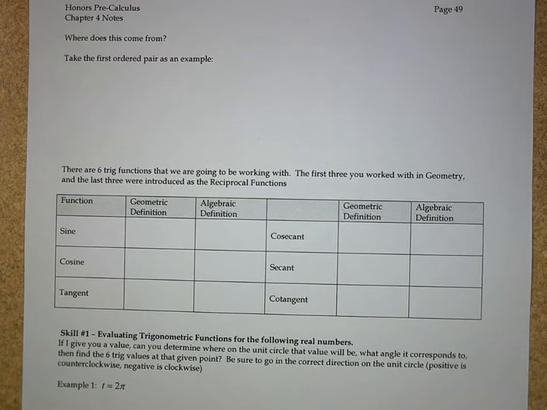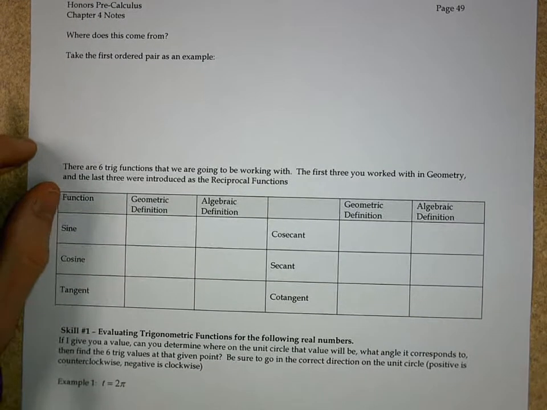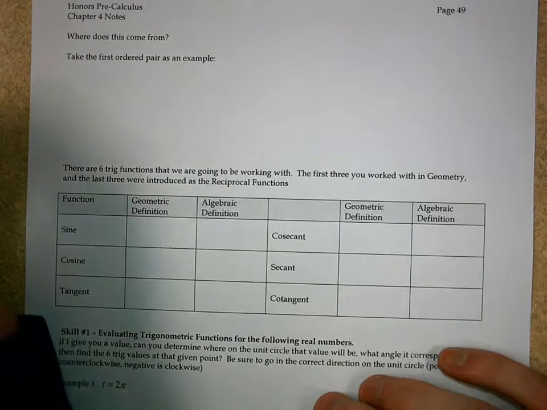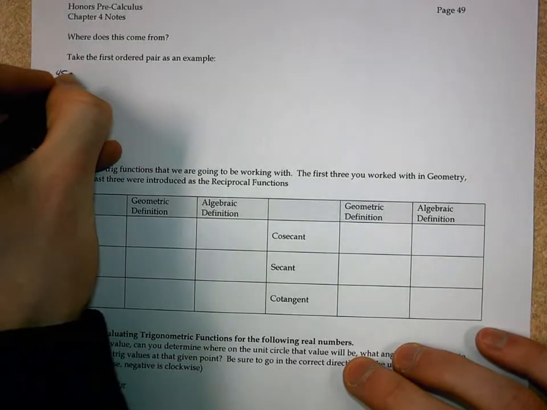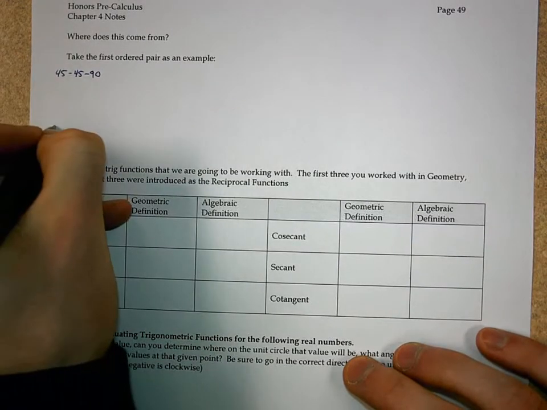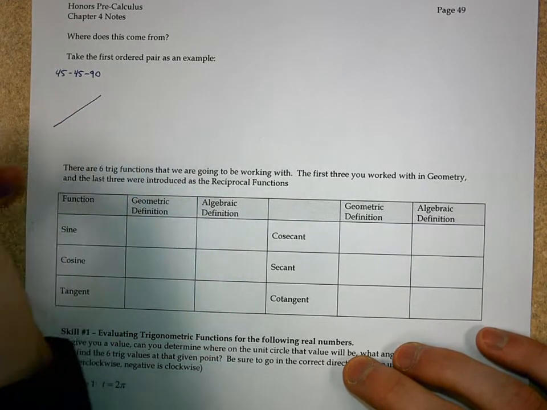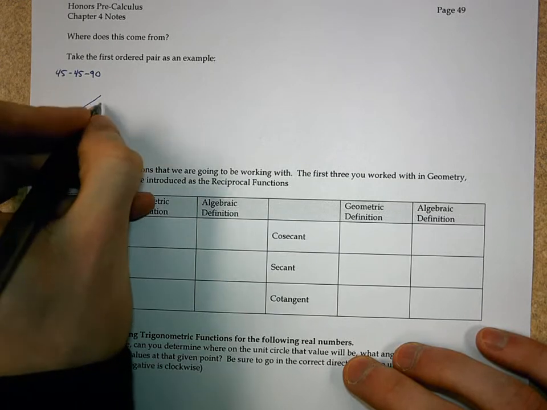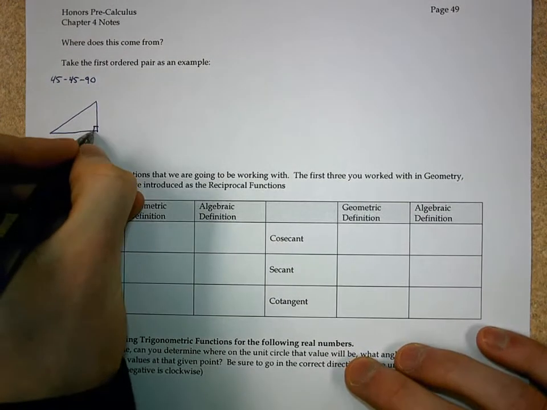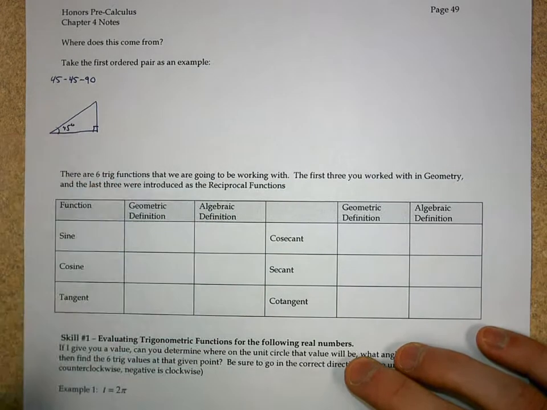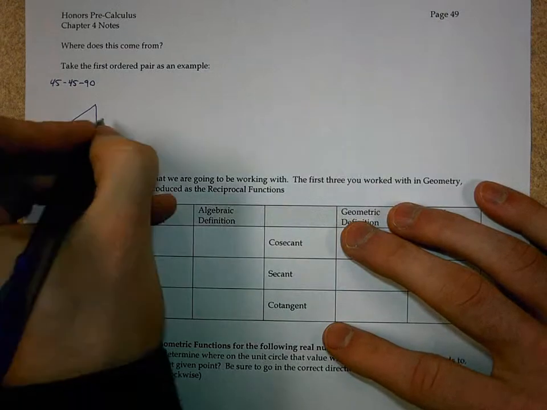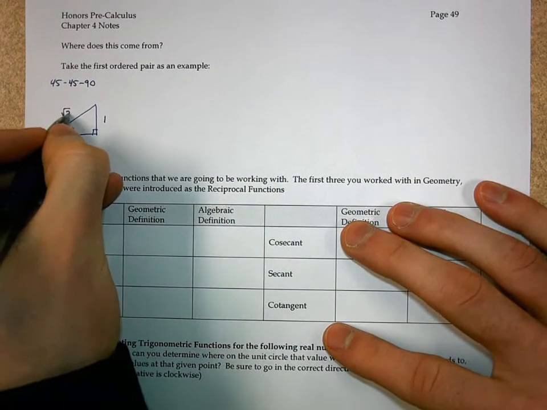And I'm not necessarily going to take the first ordered pair as an example, but let's think back to geometry. If I had a 45, 45, 90 triangle, we knew that the sides were 1, 1, square root of 2.